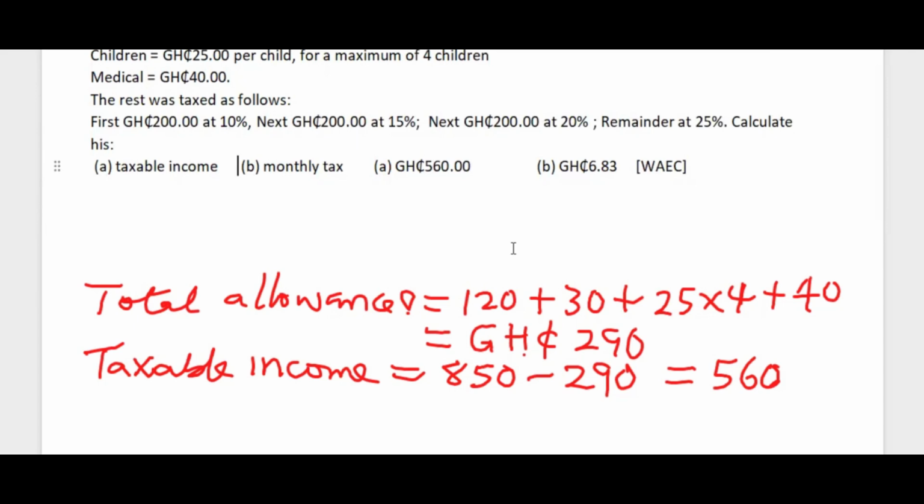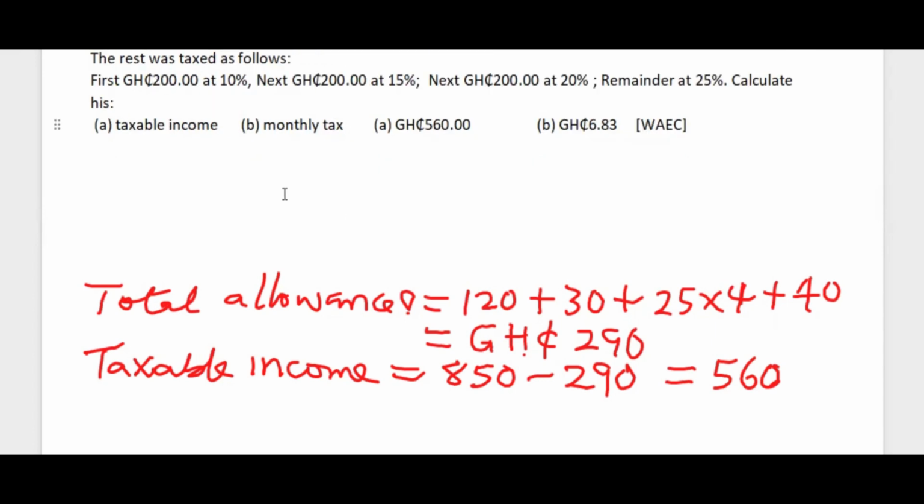You also pull another 200 from the remaining, you get 15%. If you still have up to 200 again, you get 20% of it. But if you don't have up to 200 again, you get 20% of whatever you have. And if the taxable income is big enough, whatever is left, you get 25% of it. But most of the time, it may not reach the last one unless the person is very rich.